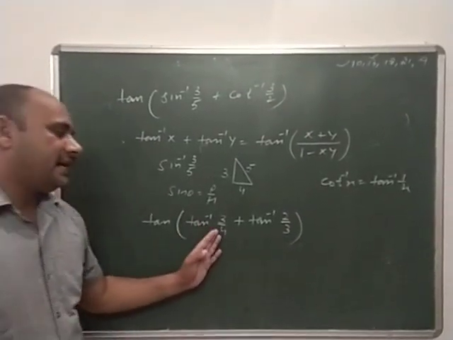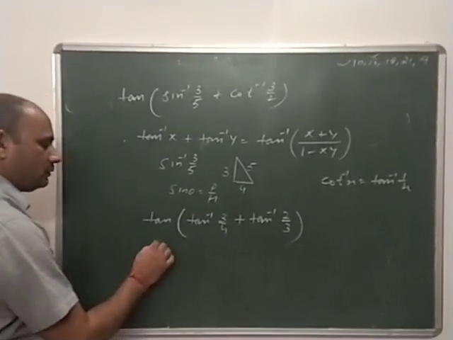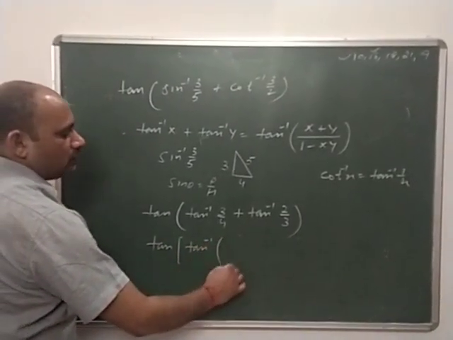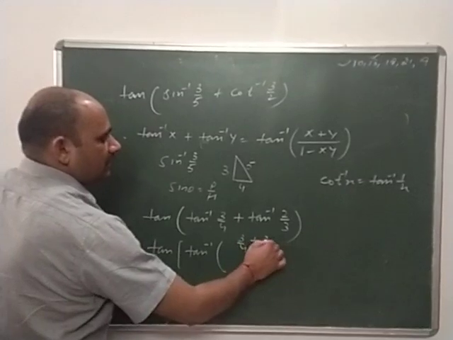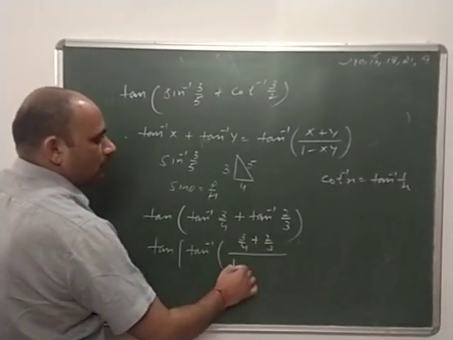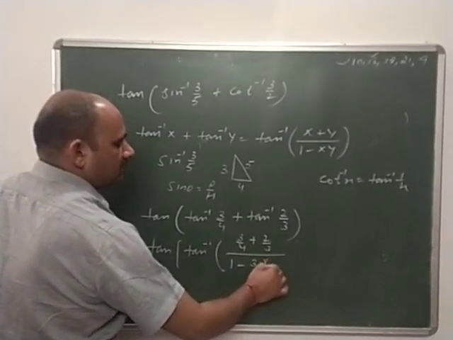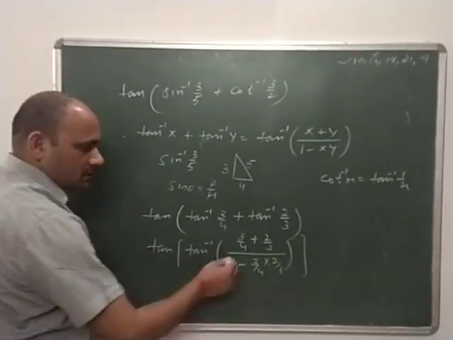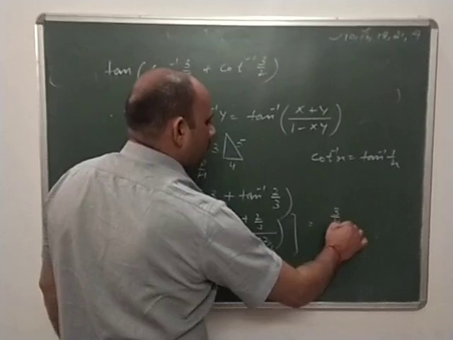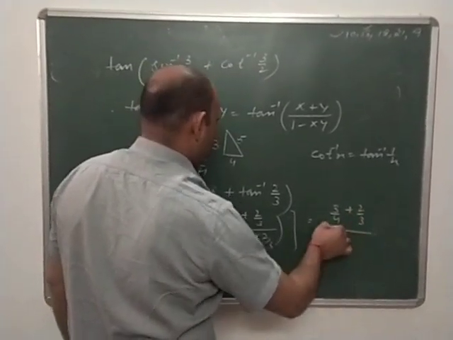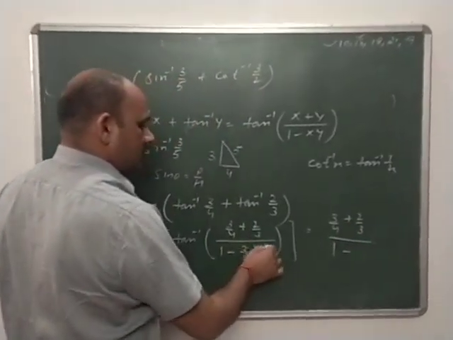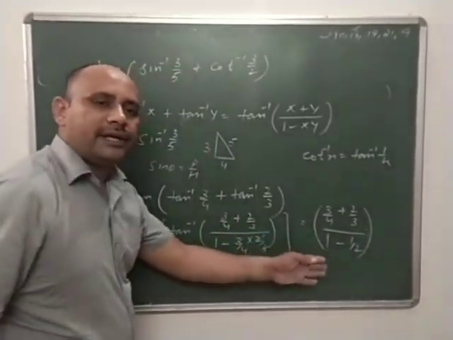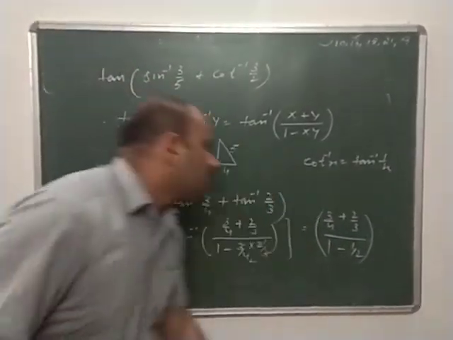Now you can apply tan inverse x plus tan inverse y, that is tan inverse of x plus y upon 1 minus xy. Tan cancels. Now you will solve (3 by 4 plus 2 by 3) upon (1 minus 1 by 2). You can solve by taking LCM and find the value.